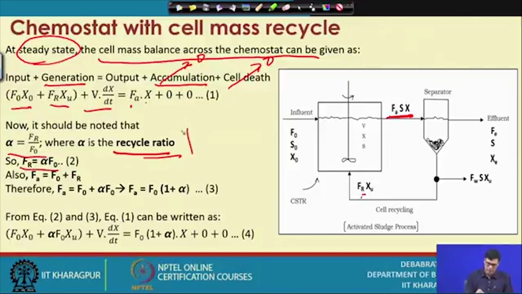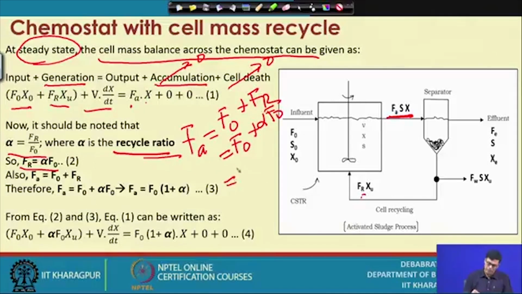Now, Fa equal to F0 plus Fr. Am I right? Then F0 plus alpha into F0, I can take F0 common and write 1 plus alpha. This is exactly what is written here.